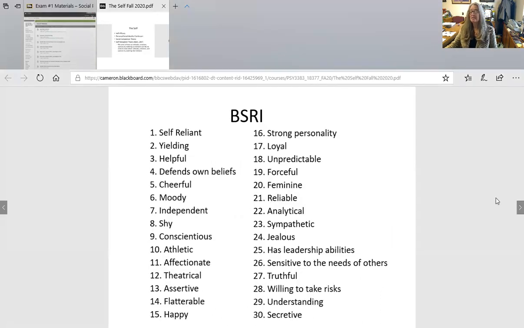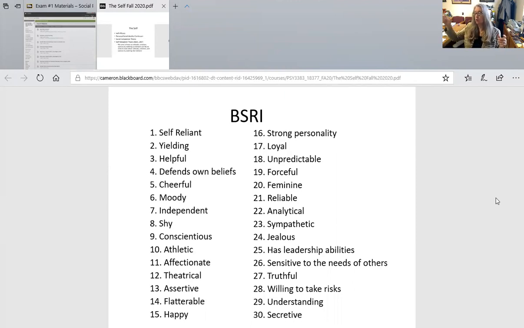Here are 30 of the 60 adjectives. For number 1, self-reliant, on a scale of 1 to 7, how well does self-reliant describe you? If you're never or almost never self-reliant, you'll give yourself a 1.